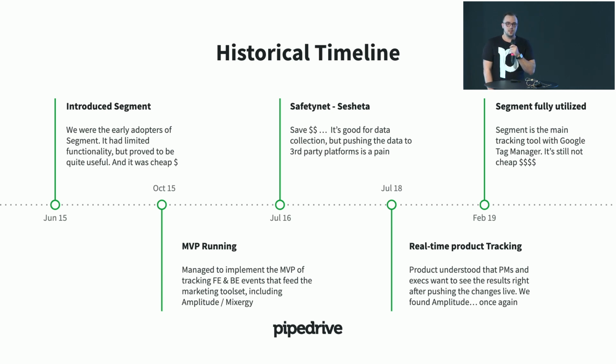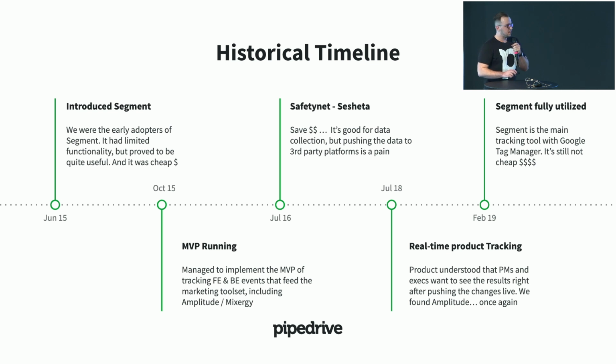So we decided to make Segment the main tracking tool, together with Google Tag Manager. It makes our life a lot easier because most of the events are already tracked in Segment, and we can tie that information with Google Tag Manager.